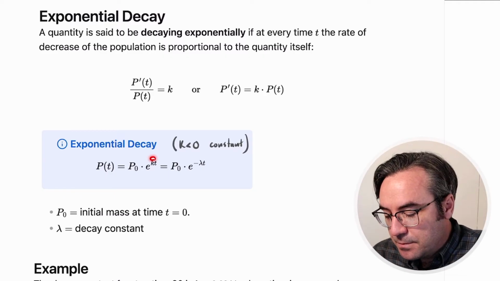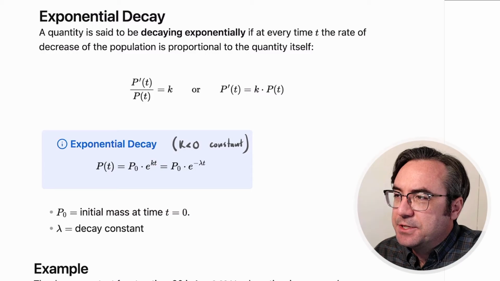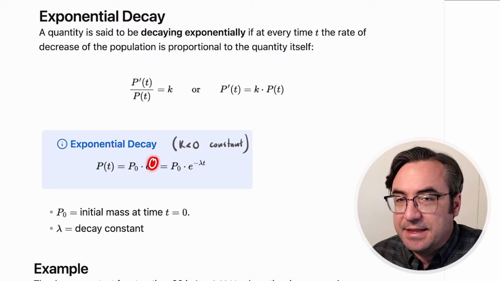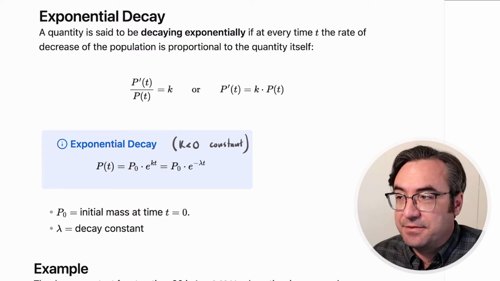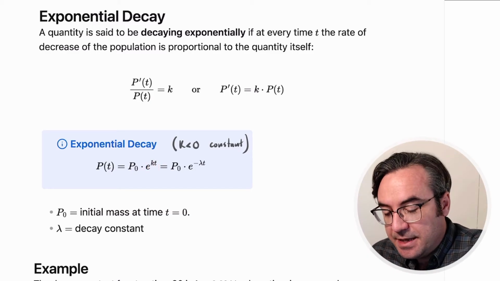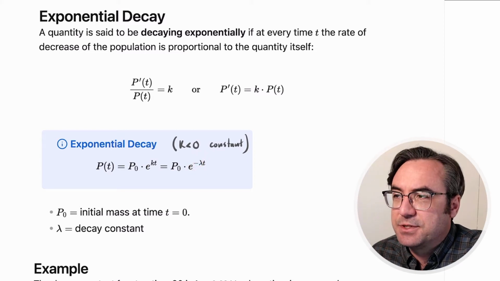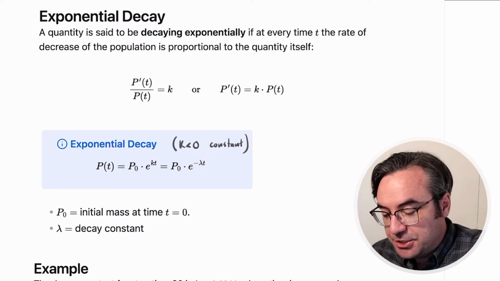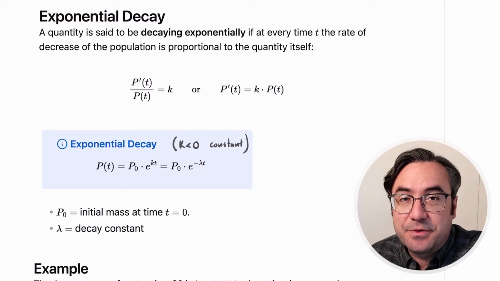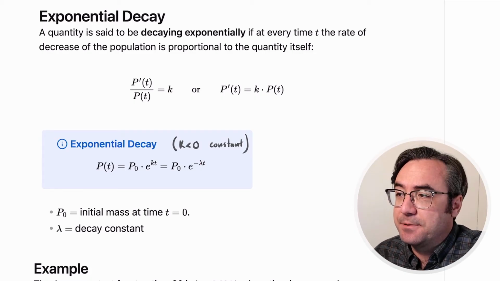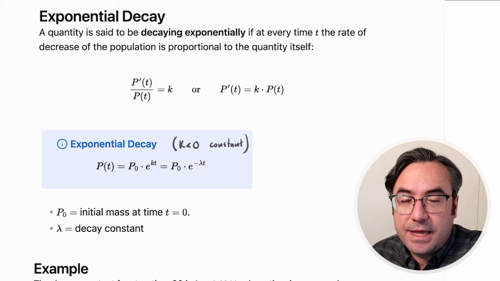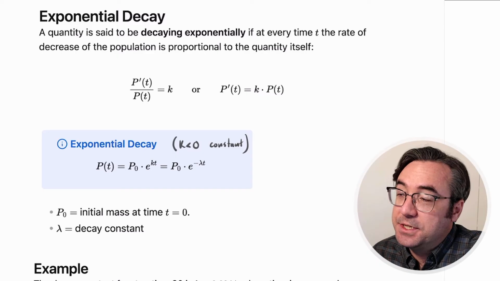When we talk about exponential decay, we want to stress that the constant is negative. So a lot of times we rewrite that constant k in the form negative lambda, just to really stress that we're dealing with a negative in the exponent. The number part, lambda, is called the decay constant.